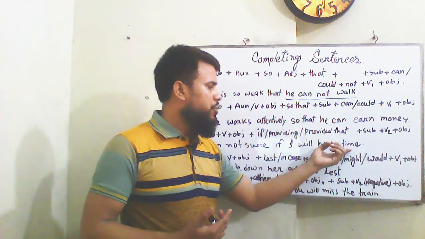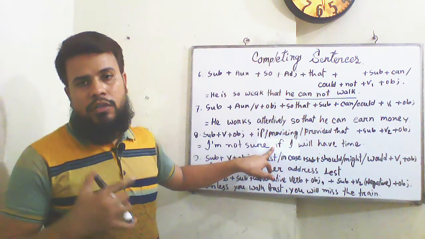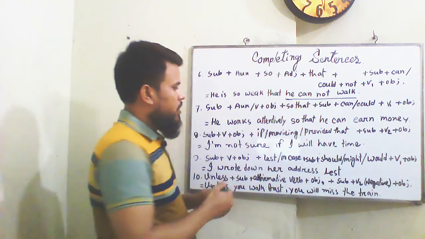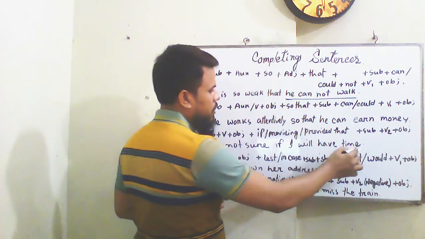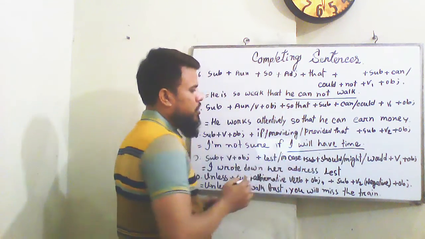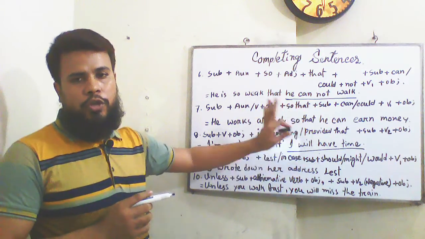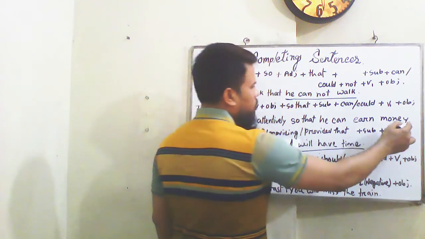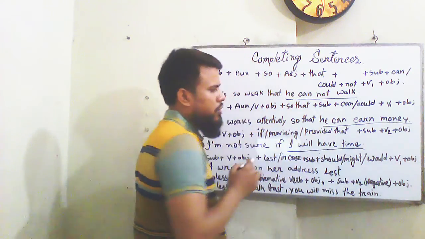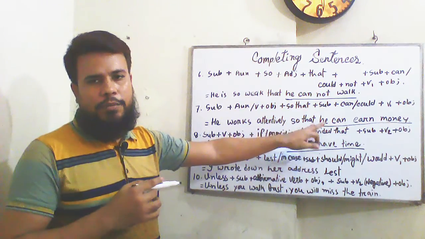I will have time. You may find a comma here, but the comma is not necessary here. This part you may not find, and you have to complete this part. You may not find this part here, so you have to fulfill this part.